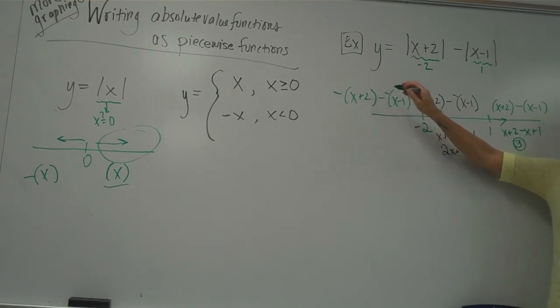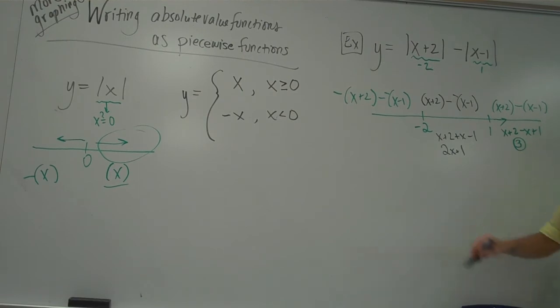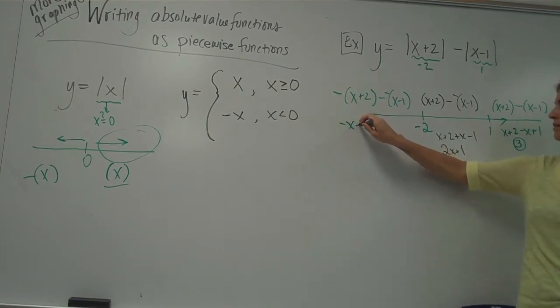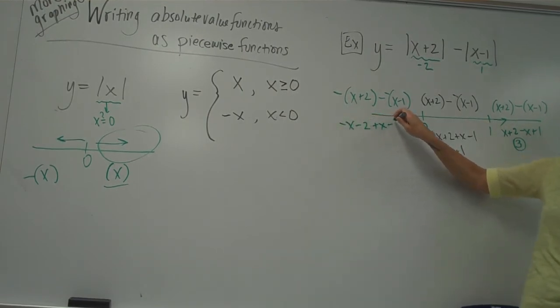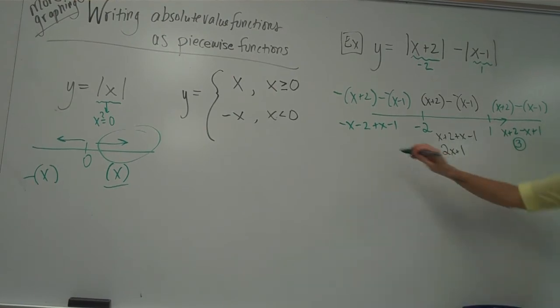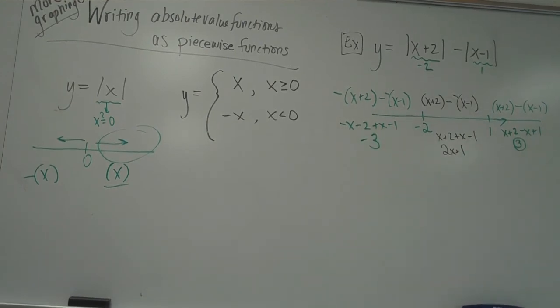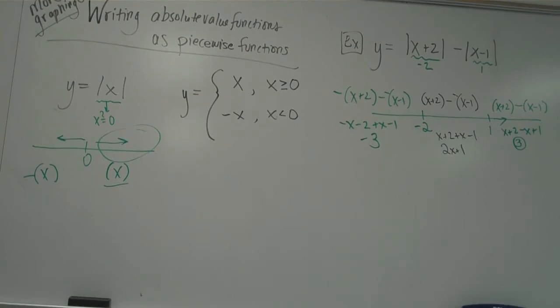Plus. Either minus a negative or a plus, either way. So I've got negative x minus 2 plus x minus 1. And what do I get in the end there? Negative 3. So negative 3 is the function when x is less than negative 2.